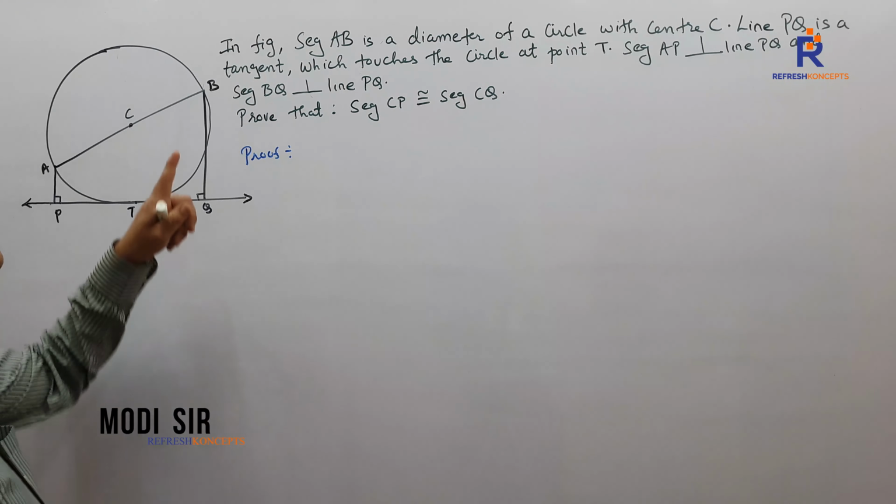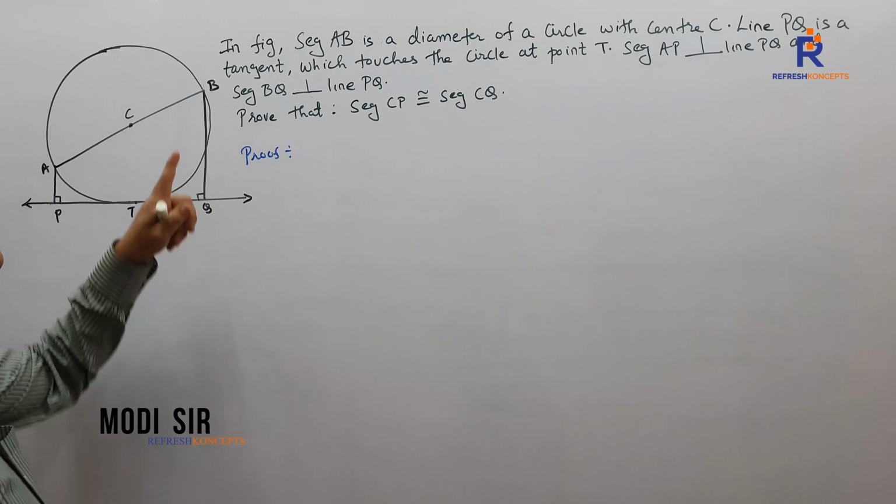What next? Segment PT congruent to segment TQ. From where did I get this? From equation number 4. Therefore, triangle CTP congruent to triangle CTQ by what test? SAS test.